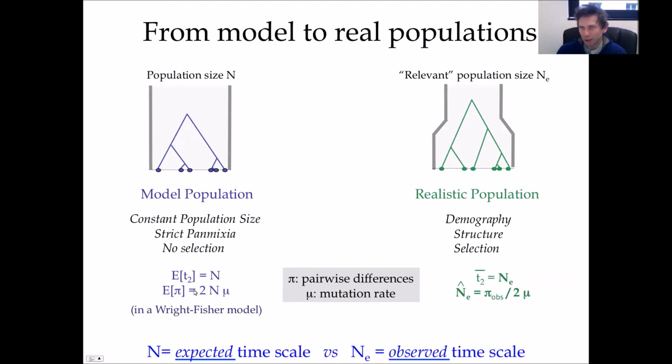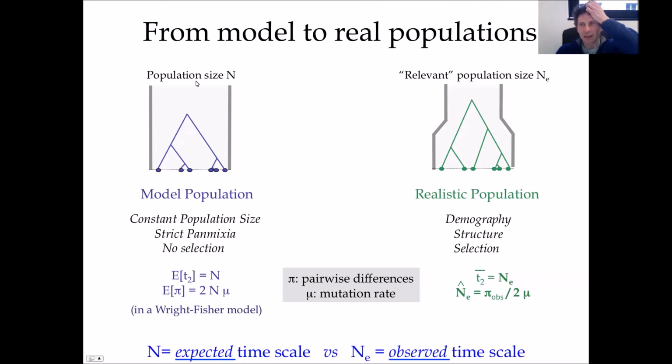And as we mentioned at the very beginning of the talk, if you take a metric of diversity, it will be proportional to N times mu. And if you compute the average pairwise difference between individuals, that's going to be, in a haploid version of the Wright-Fisher model, 2N mu.